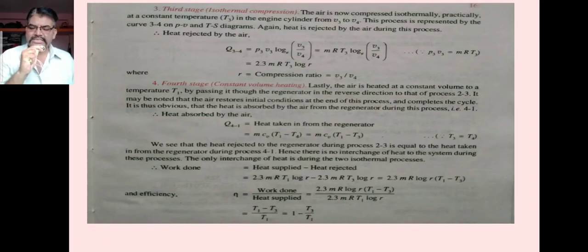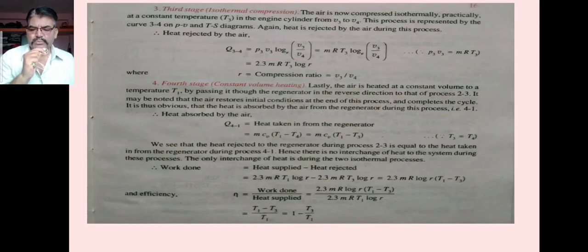The standard equation we have is P3 V3 log to the base e V3 upon V4. PV is nothing but MRT, so MRT log to the base e V3 upon V4. Therefore the standard equation can be written as 2.3 MRT3 log r. In this process, r is the compression ratio, which we can write as V3 upon V4.